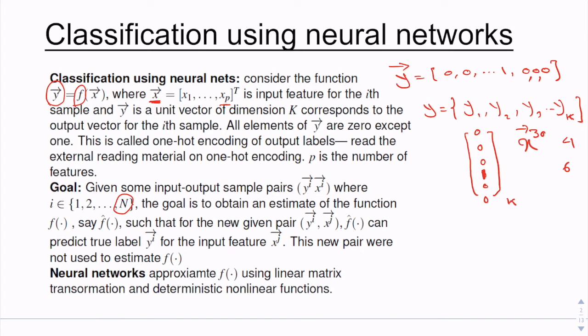This is a general classification task. But neural networks use only matrix transformations and a deterministic nonlinear function for this task. The entire process in a neural network is some matrix multiplication and then applying a nonlinear function element-wise on the output of this transformation. Then you can estimate the function using these operations.